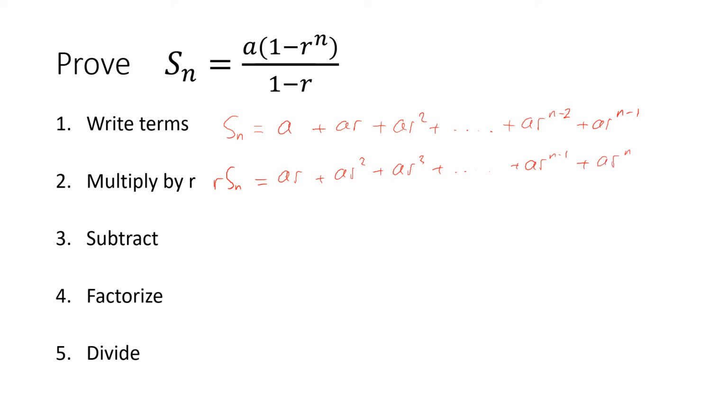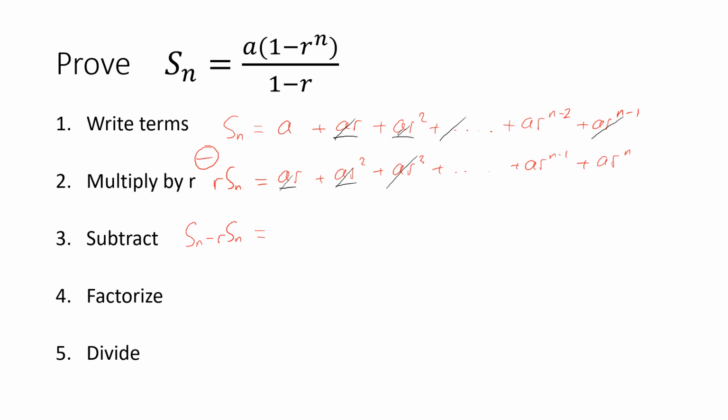Now the clever bit is we are going to subtract them. We're going to take away the bottom from the top, and we're going to end up with Sn minus rSn. And then if we think about this subtraction, we're going to do this AR, take away this AR. So they will both cancel out. We'll do AR squared, take away AR squared. And we'll repeat that with nearly every term.